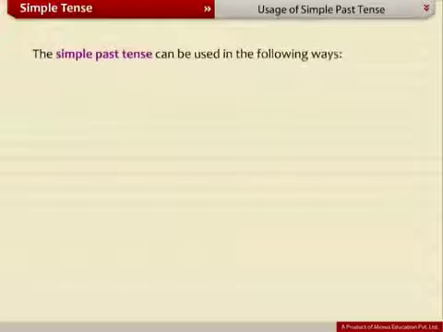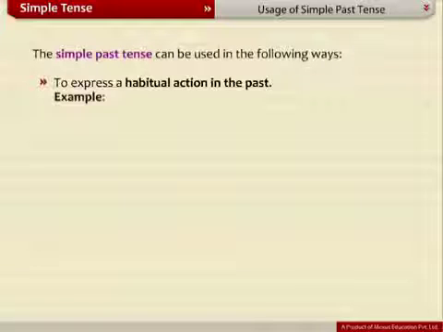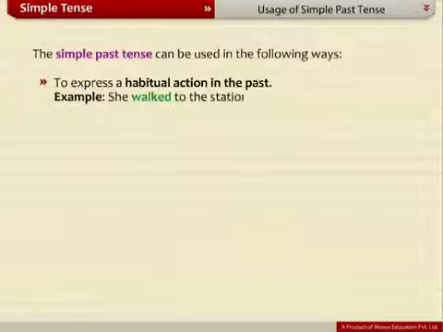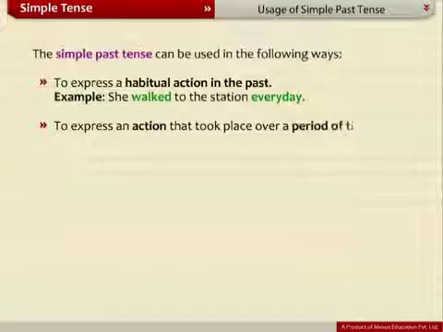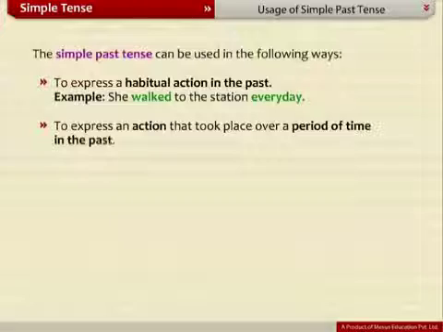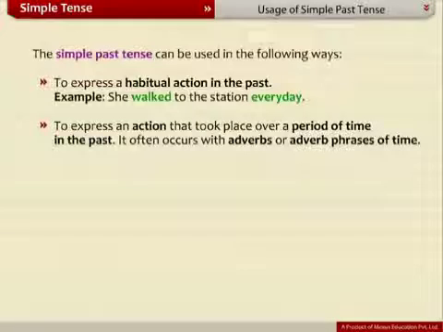The simple past tense can be used in the following ways. To express a habitual action in the past. For example, she walked to the station every day. Next, to express an action that took place over a period of time in the past. It often occurs with adverbs or adverb phrases of time.